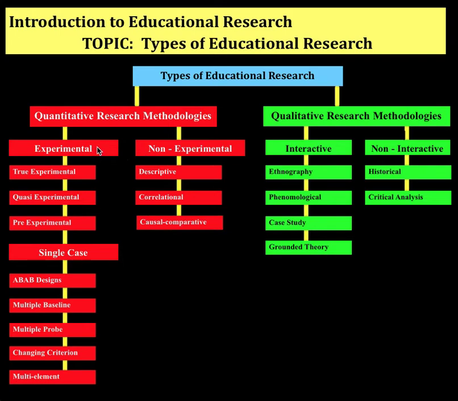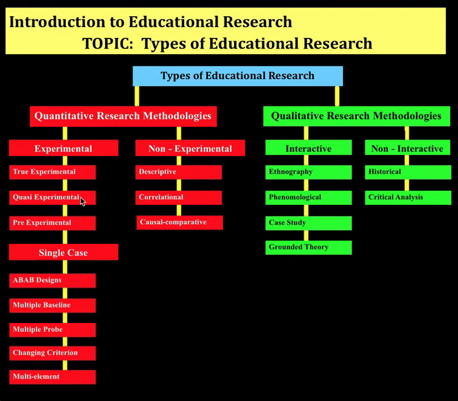Under experimental research, we have true experimental research, quasi-experimental, pre-experimental, and then we have a series of research designs that are called single case designs. And these are ABA and multiple baseline, multiple probe, changing criteria, and multi-element.